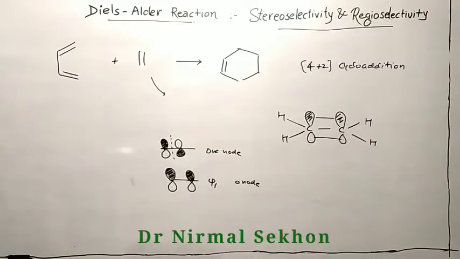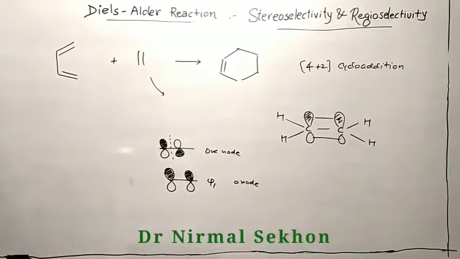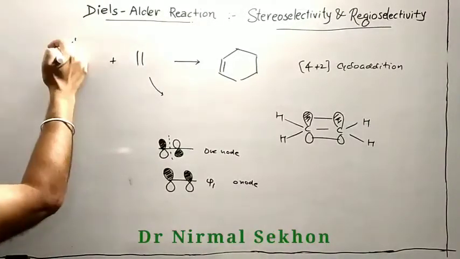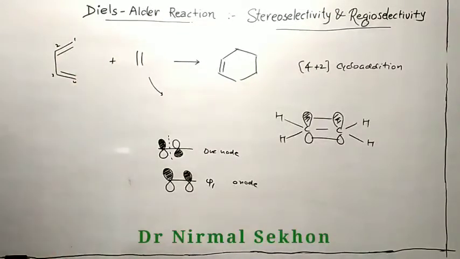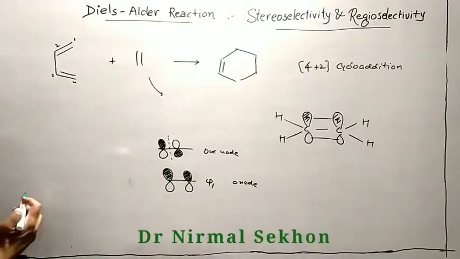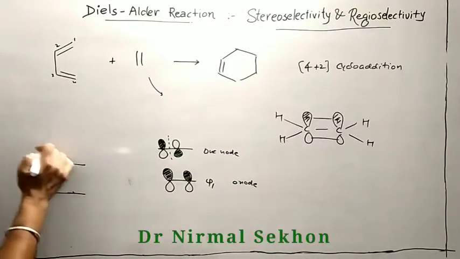As we study in molecular orbital theory, the number of molecular orbitals equals the number of atomic orbitals. So these 4 atomic orbitals, numbered 1, 2, 3, 4, give rise to 4 molecular orbitals.